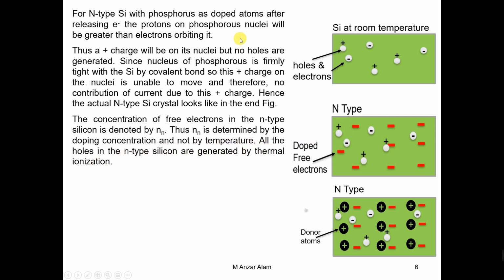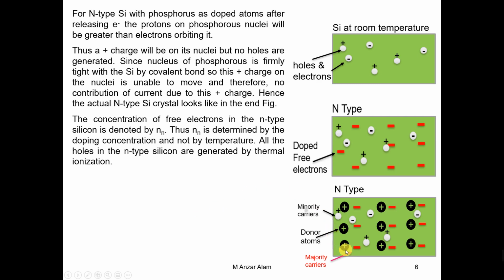You can see here that due to the thermal effect, the electrons and the holes are generated. So the holes which are moving and the electrons which are moving are due to the thermal effect. But the concentration of the electrons we can increase for better conductivity by increasing the doping material, the amount of the dopant material, and the dopant is mainly responsible for the free electrons here, although we have some other charges.